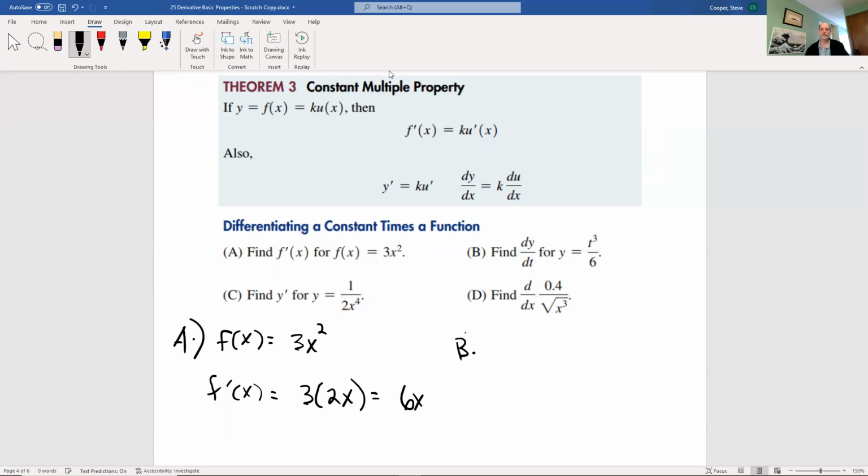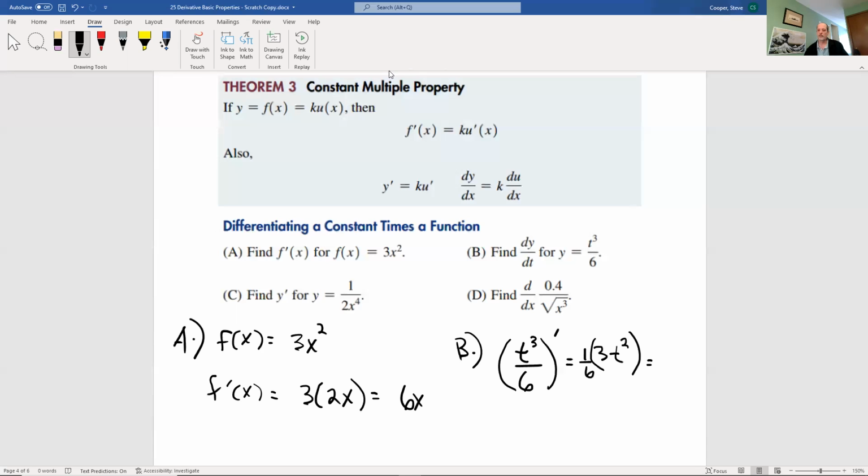Part B here, I'm going to rewrite this my own way instead of what they're showing. I'm going to say, let's take t cubed over 6 prime. Okay, so that's going to equal 3t squared. Then I have to take that times the 1/6.